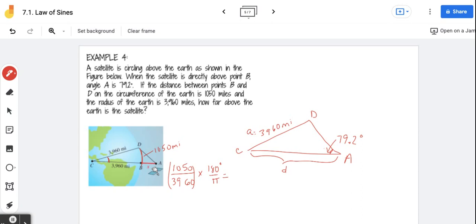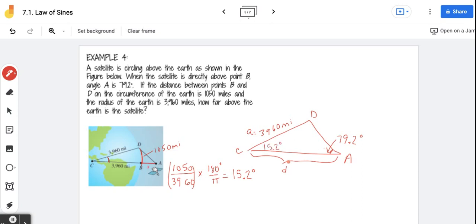All right, 15.2, we'll say. So this is 15.2 degrees, and that is this angle here, 15.2 degrees.